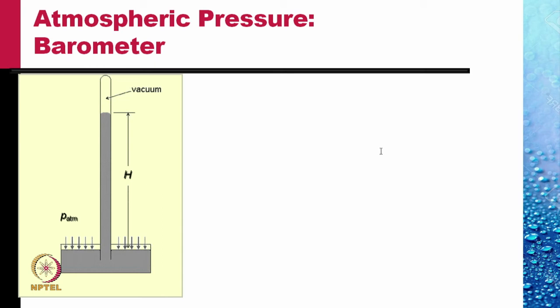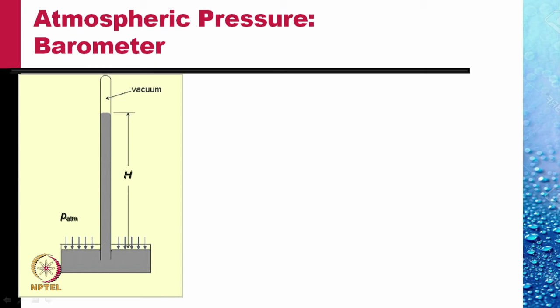The level of the mercury decreases slightly and then it comes to equilibrium, such that a column of height h is held up in this tube which is closed at the top end.